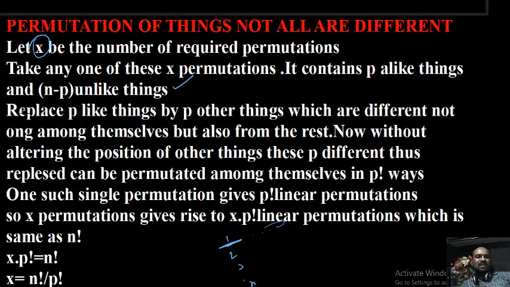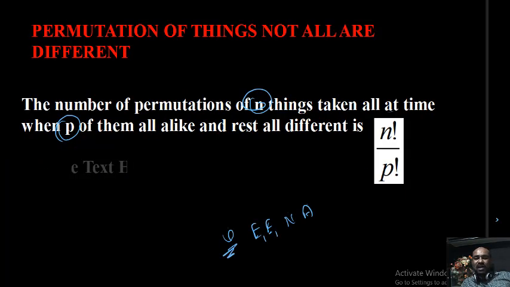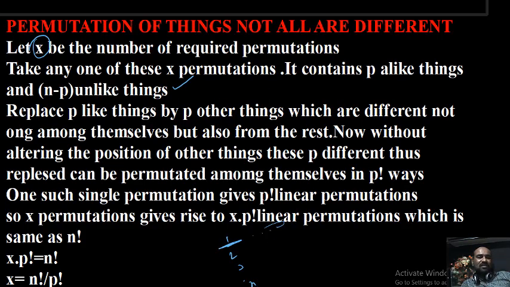That says second one: replace p like things by p other things which are different, not only among themselves but also from the rest. Now, without altering the position of other things, these p different things thus replaced can be permuted among themselves in p factorial ways.